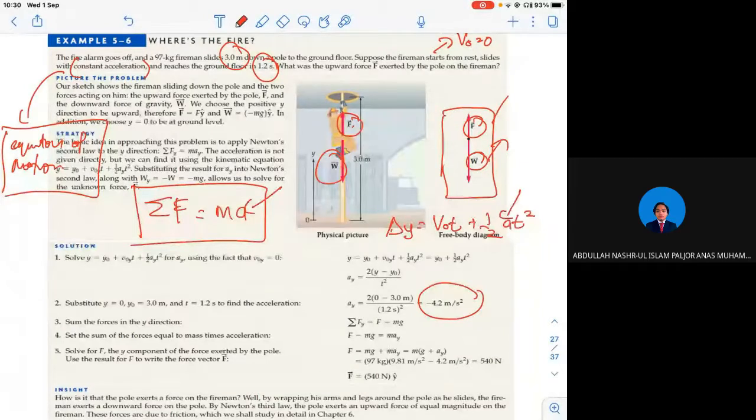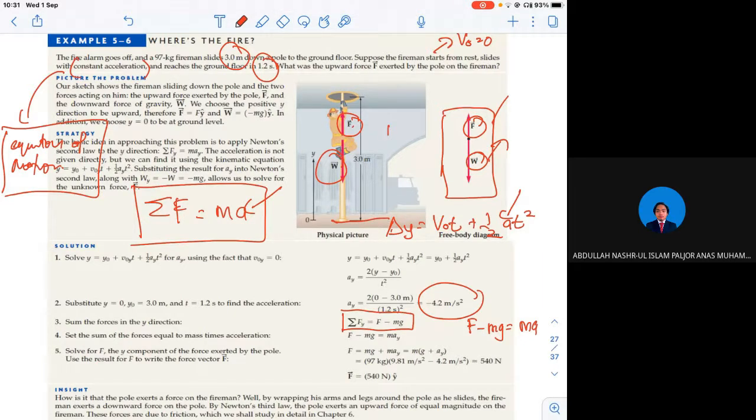In this case, we can calculate the acceleration using this. The summation of Fy is equivalent to F minus mg, so F minus mg equals ma. Or can we write it as W minus F equals ma? Yes, because the situation now is that the fireman is going downward.